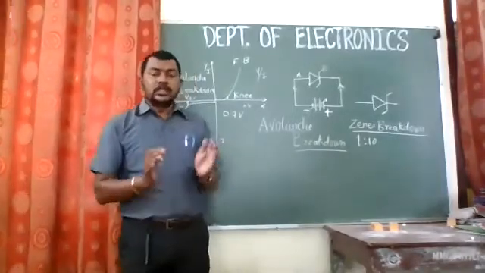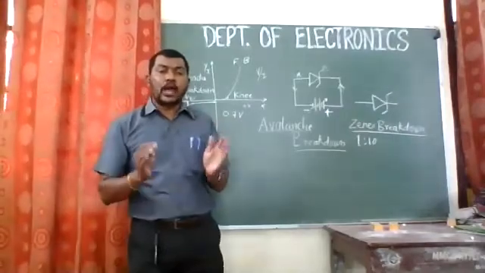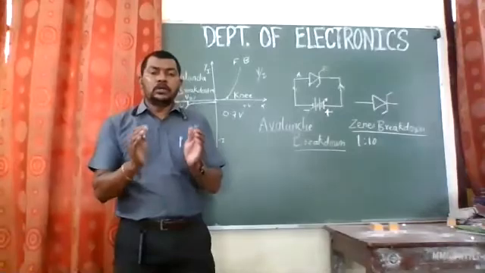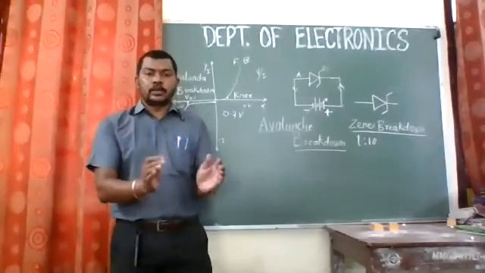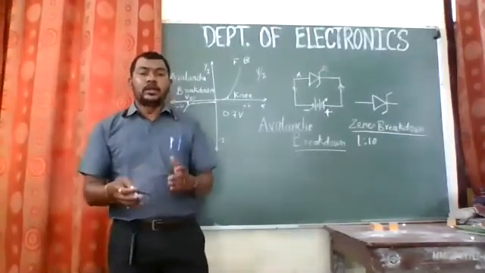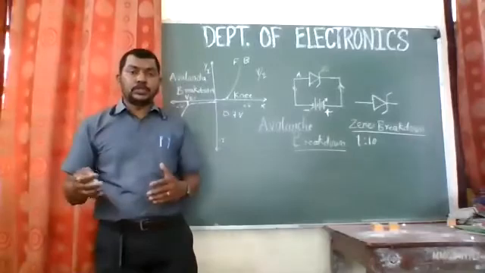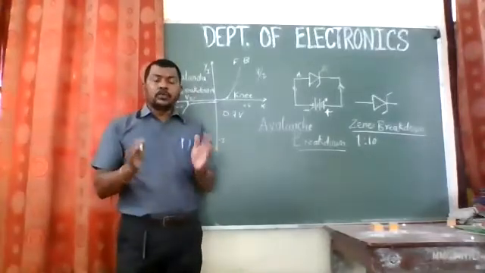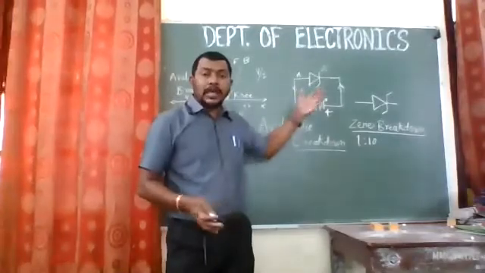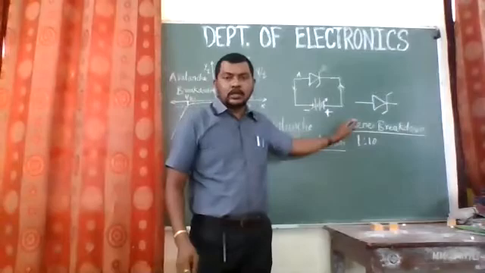So these Zener diodes are specially prepared to use in reverse bias condition to have a small reverse voltage breakdown, around say 2.7, 3.7, 4.7, 5 volts, 6 volts, 6.2, 6.3, like this. Such diodes are called Zener diodes.